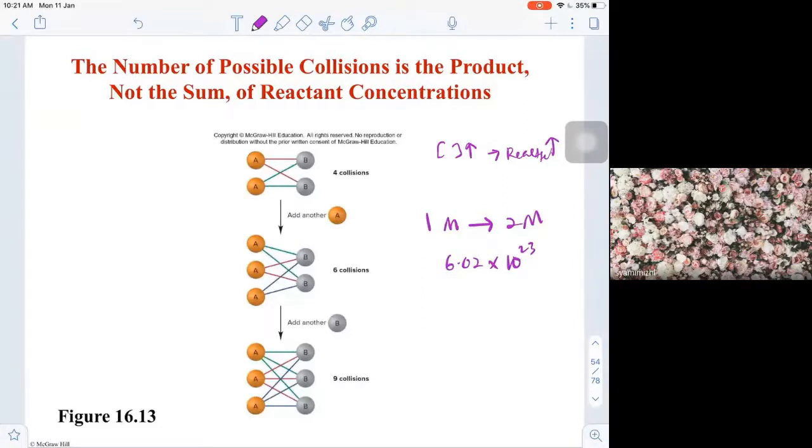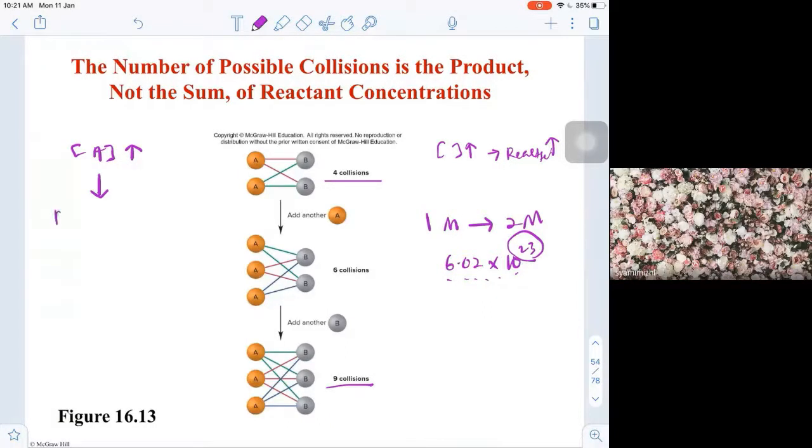Please imagine, when we add 2 particles, from 4 collisions it turns to 9 collisions. Now you add 6.02 × 10^23. Please imagine how many particles we have and how many collisions will be added.